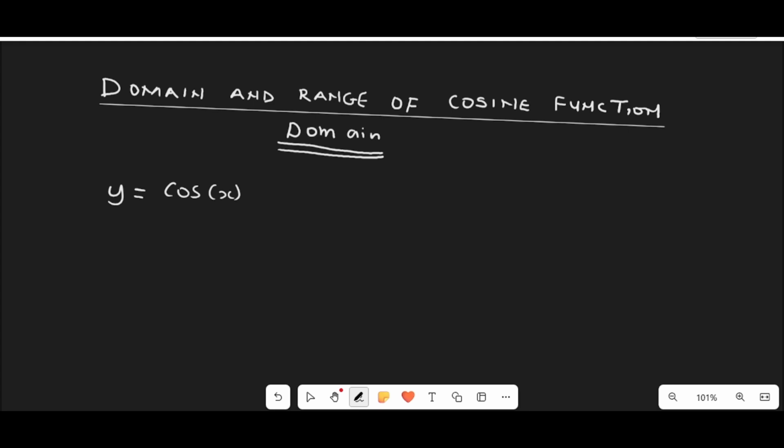Even when transformed, e.g. y equal to cos(3x plus pi), the domain remains all real numbers because cosine can take any input.